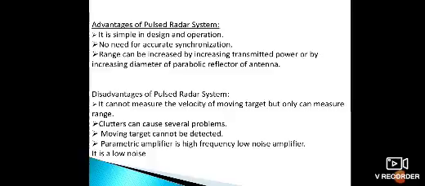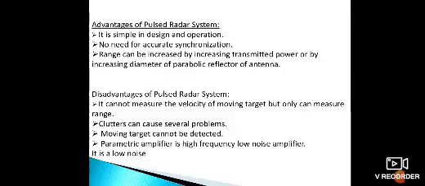And here we use a parametric amplifier, a high frequency low noise amplifier. Why? Because in the receiver section, the first stage is a low noise RF amplifier. In that we use a parametric amplifier, which is a high frequency low noise amplifier.